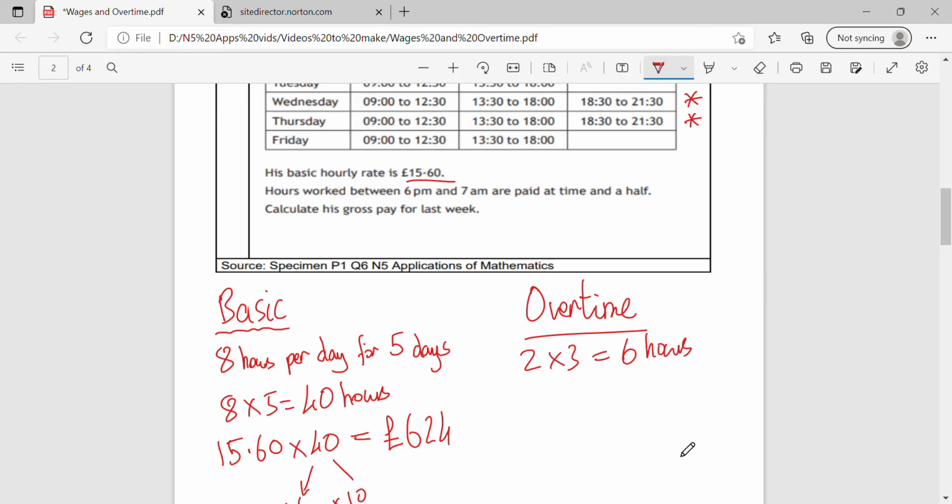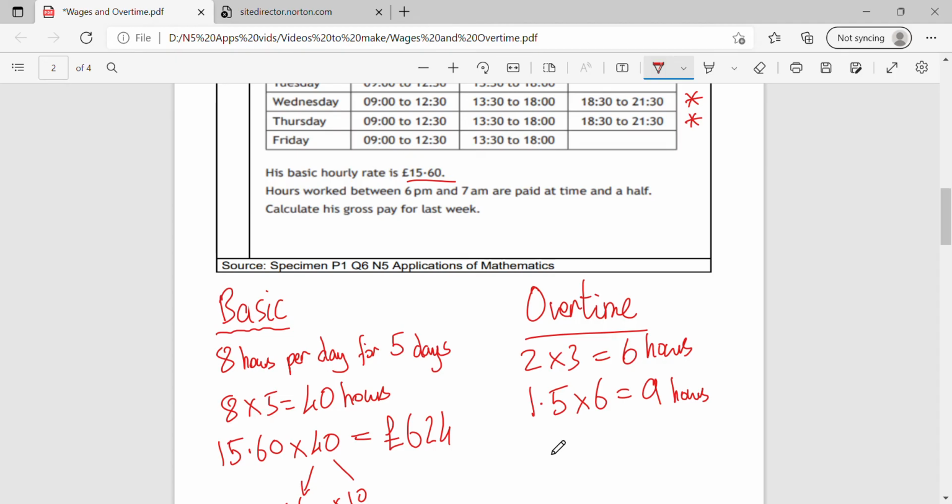So time and a half for 6 hours, which would be 1.5 times 6. Obviously the 1 is just 6, half of 6 is 3, so they essentially get 9 hours equivalent at basic rate. Now that can maybe be slightly more straightforward than doing 1.5 times 15.60 and then multiplying by the 6 hours. Both methods are valid, I just thought I would show you the different one.